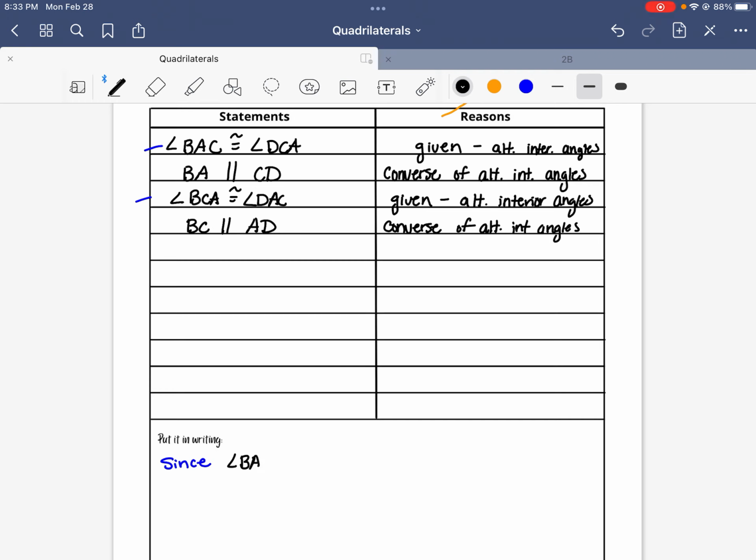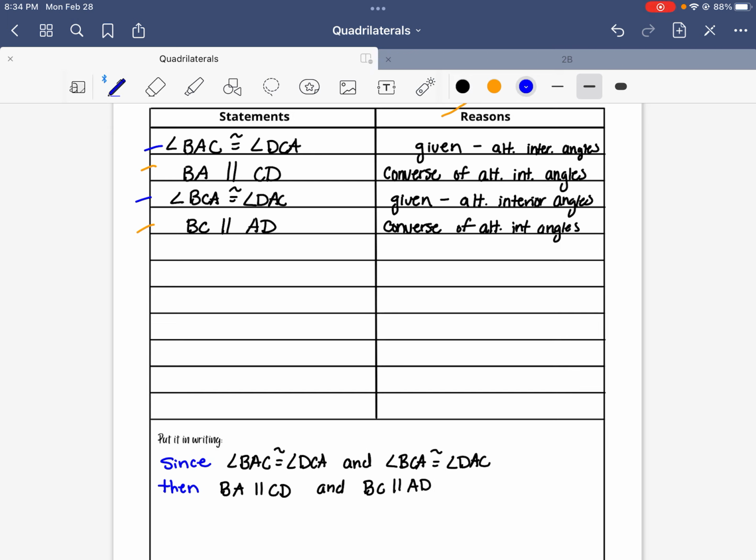The angle BAC is congruent to the angle DCA, and the angle BCA is congruent to DAC. Then, what did we get? We got that these two are parallel. Then the line BA is parallel to CD, and the line BC is parallel to AD.